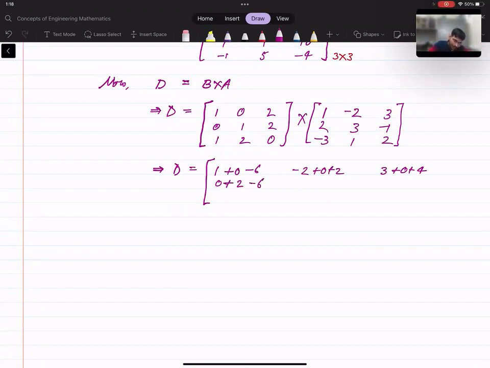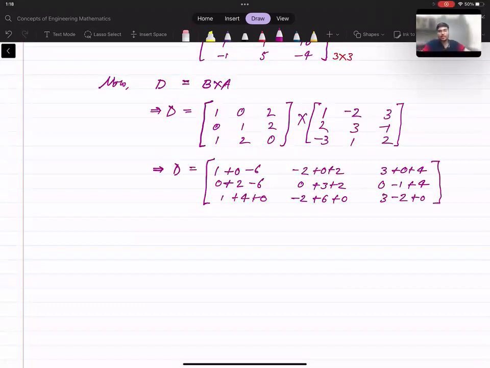Then we have 0 plus 3 plus 2, and then we have 0 minus 1 plus 4. Here we have 1 plus 4 plus 0. Then we have minus 2 plus 6 plus 0, and then we have 3 minus 2 plus 0. Okay. Again, I have done the same thing, that I have multiplied the row with the column.